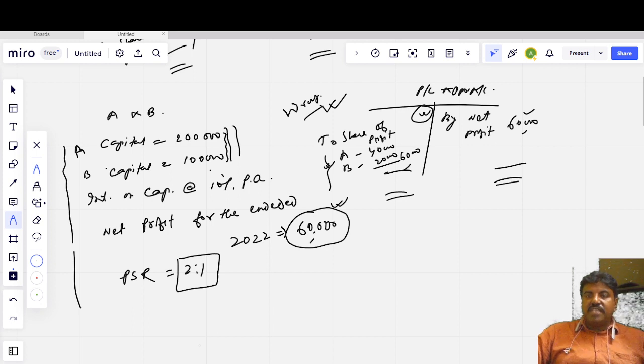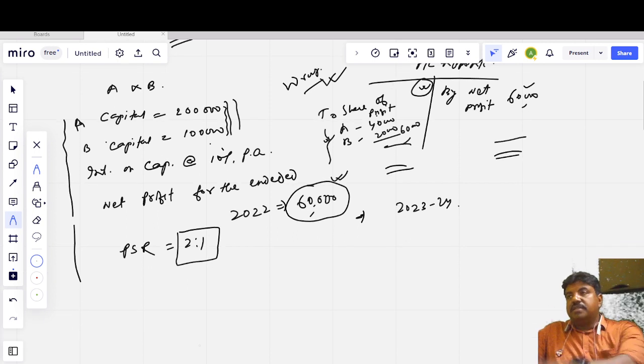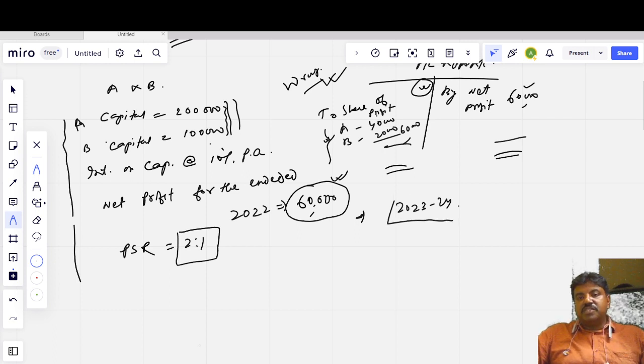Now, this mistake, the accountant came to know in the next accounting year, that is in the year 2023-24. Now, when the accountant comes to know about this mistake, that interest on capital was not provided and the entire profit was distributed as per their share of profit, they want to rectify that mistake in the next accounting year.